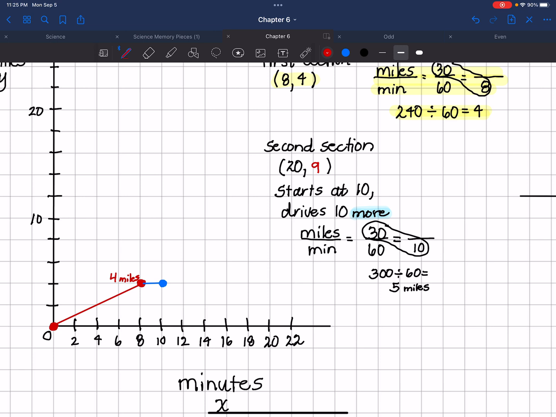So at 20 minutes, she has traveled 9 miles. And that'll be between lines, because they're scaled by 2s. So that's the graph we're looking for. This is 20 minutes, and she's 9 miles from home.